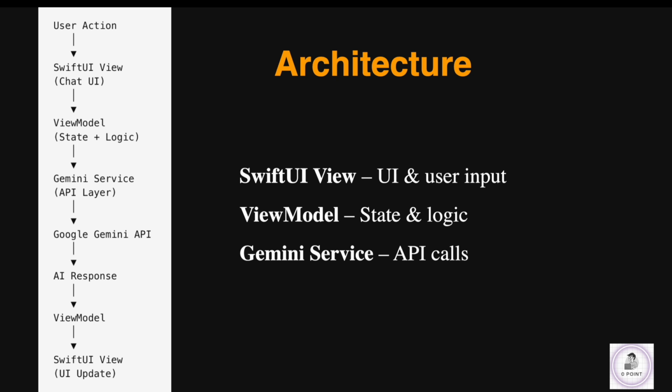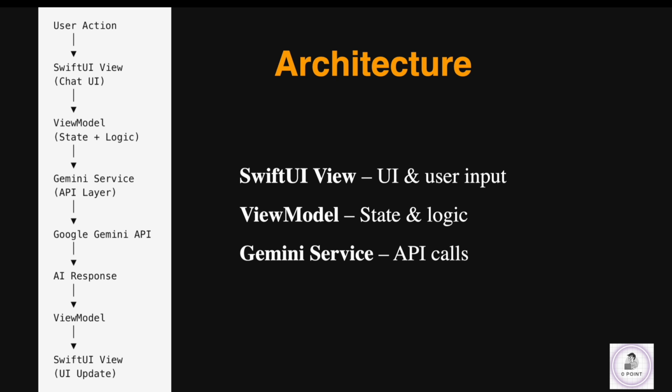The user interacts with the SwiftUI view, and the SwiftUI view passes that interaction to the view model, which then communicates with the network layer, meaning the Gemini services or the API layer.